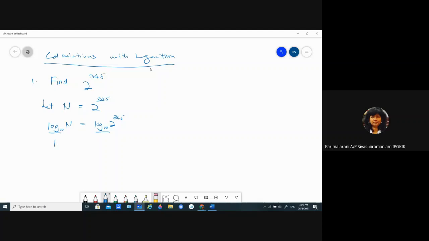So we have log n is equal to power 345. We can bring it to the front, so you have 345 log 2, correct? Now you can use your calculator and find what is log 2.